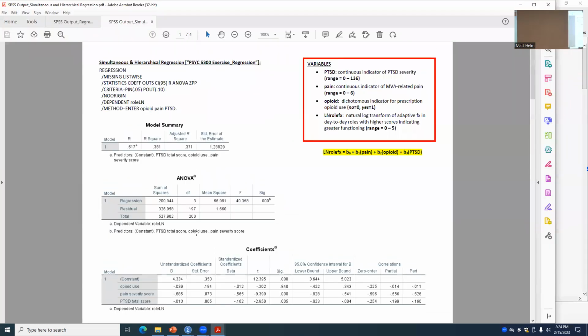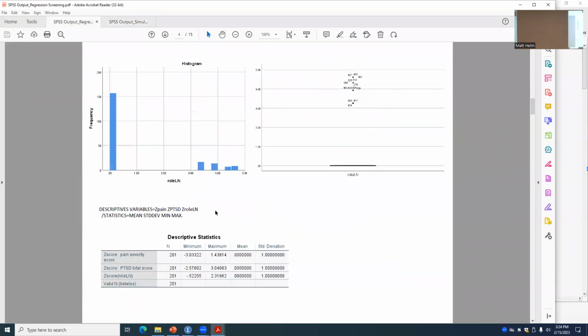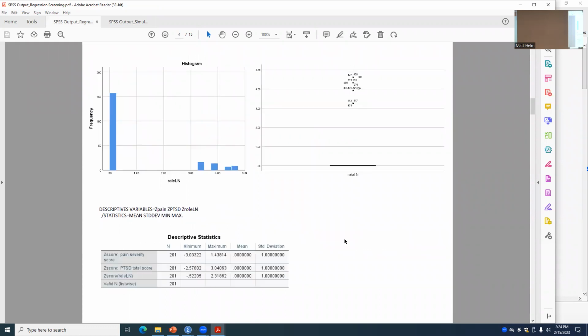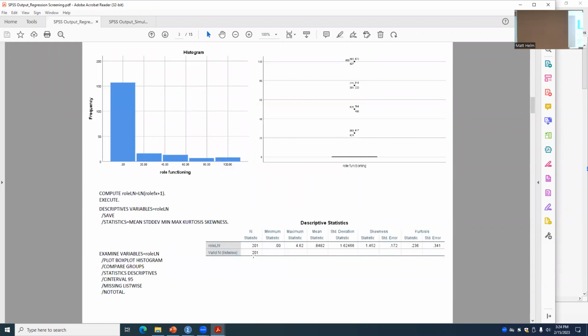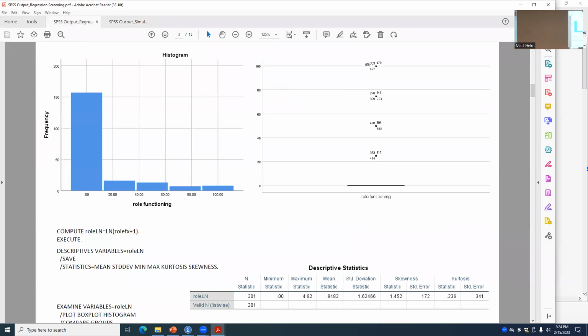If I do that, here's what I get. If I go through and take a look at my descriptives for this, just use the sheet because it's easier to see.